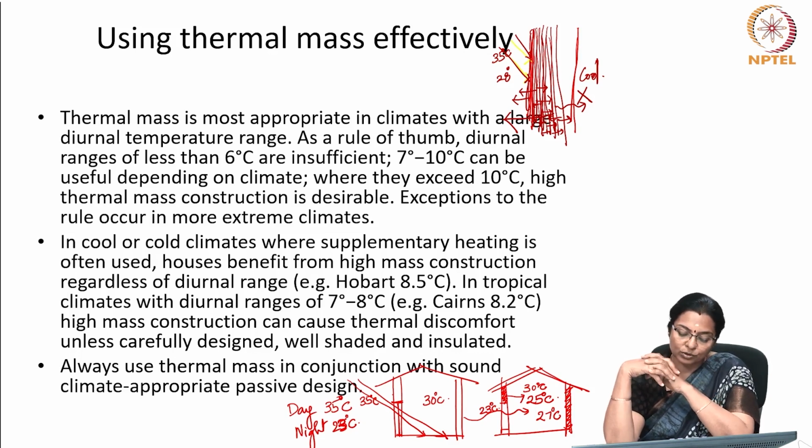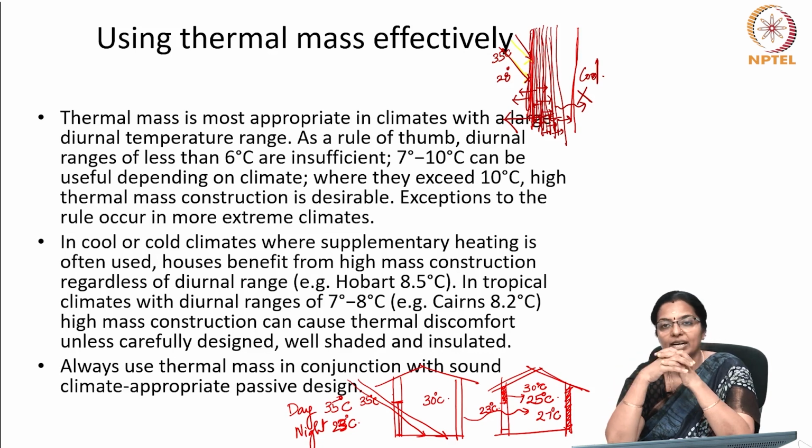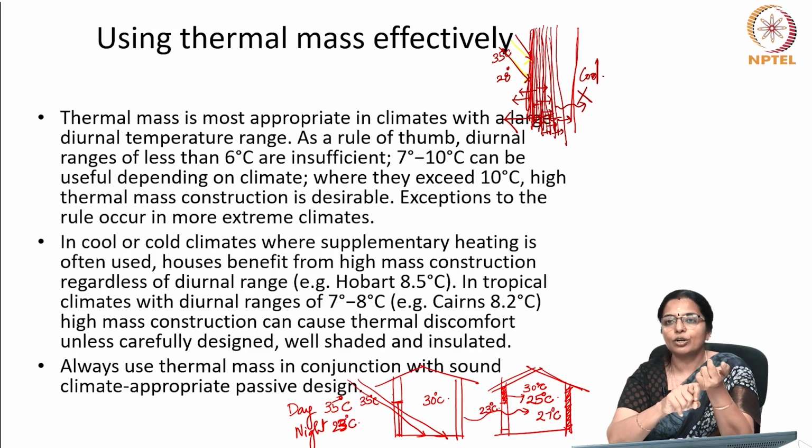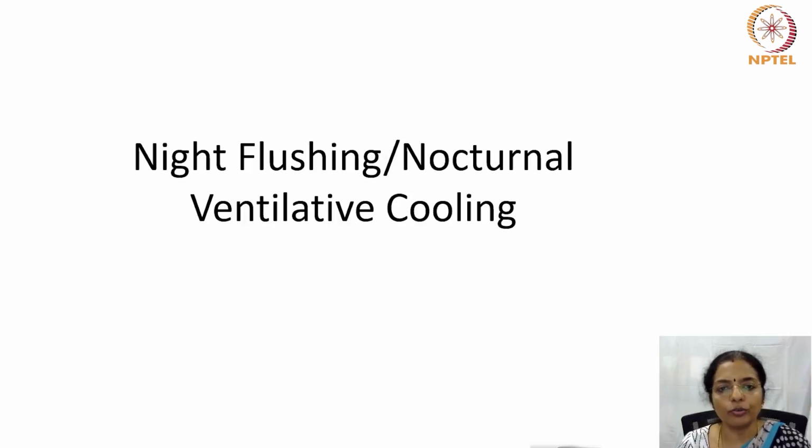So, always use thermal mass in conjunction with sound climate appropriate passive design and knowledge of the climate of the place and the thermal mass of the building material that you use. So when we talk of thermal mass, it's very important for us to understand that nocturnal ventilative cooling clubbed with thermal mass can be a very effective passive cooling tool.